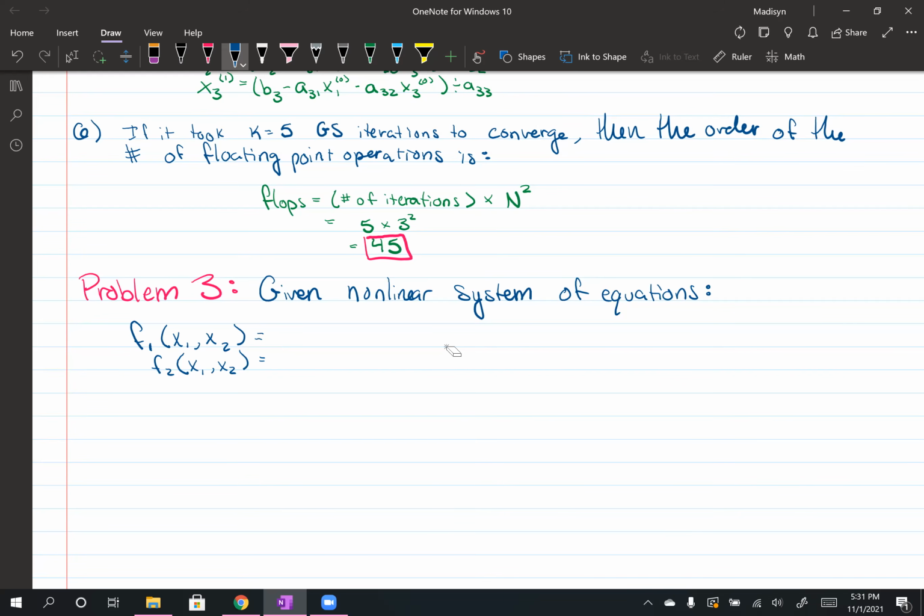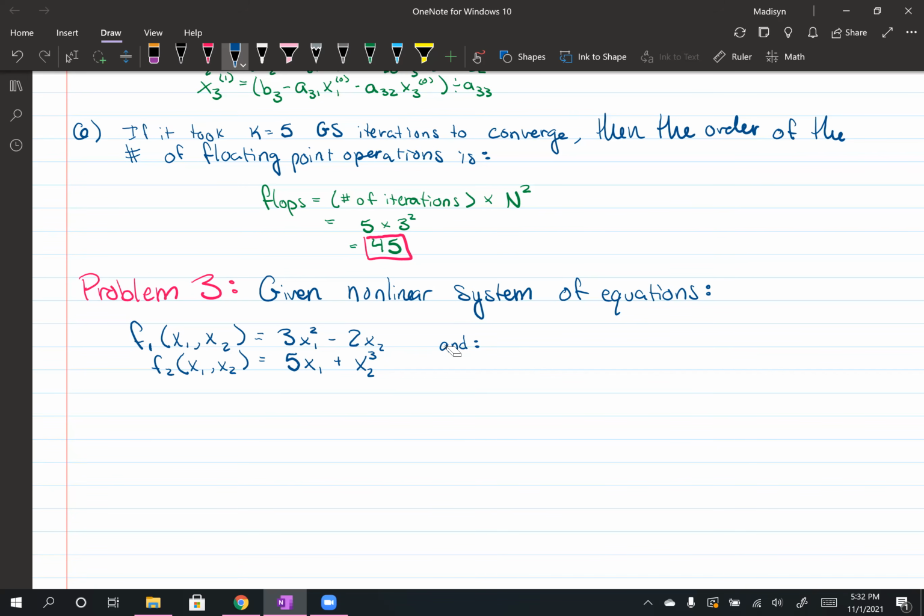Let's come up with a good one here. 3x1 squared minus 2x2, and then 5x1 squared. Actually, no, we'll leave that. 5x1 plus x2 cubed. Yeah, that looks good, I think.